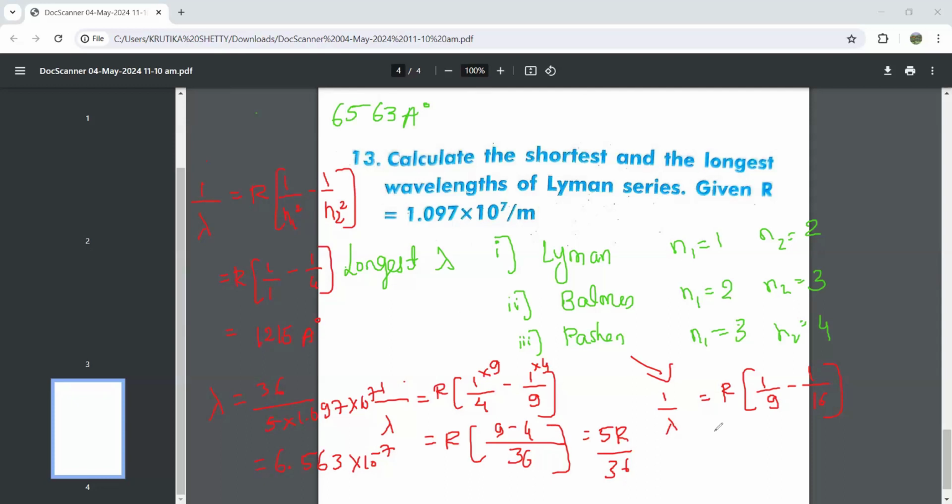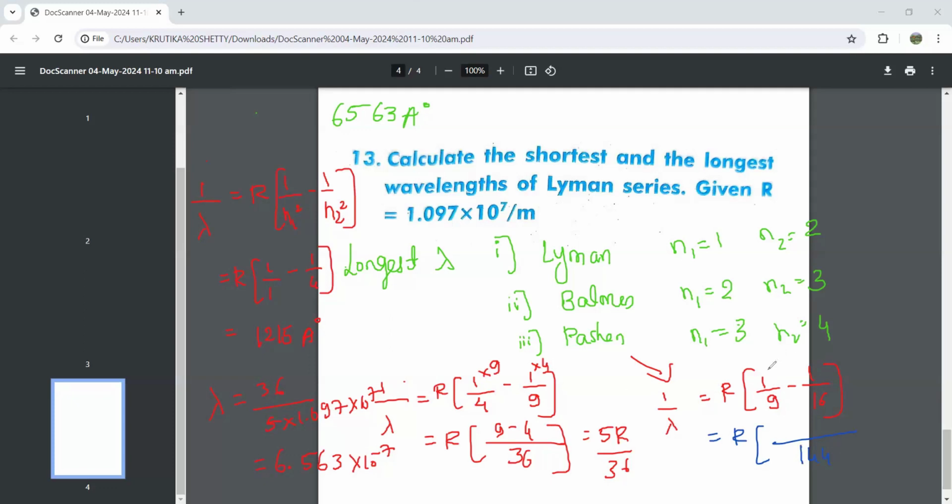So here it is R into bracket, the LCM will be... here the answer will be a little bigger one. So 9 and 16, LCM will be 144.